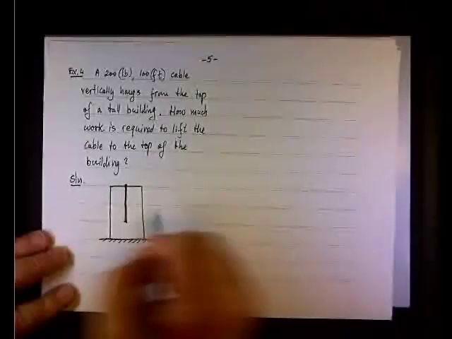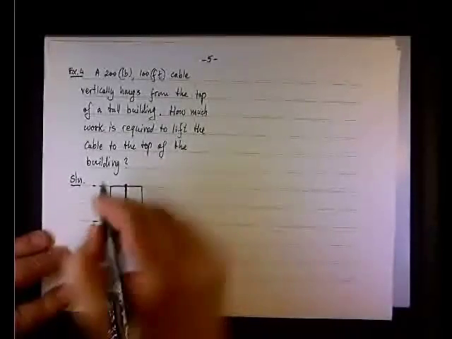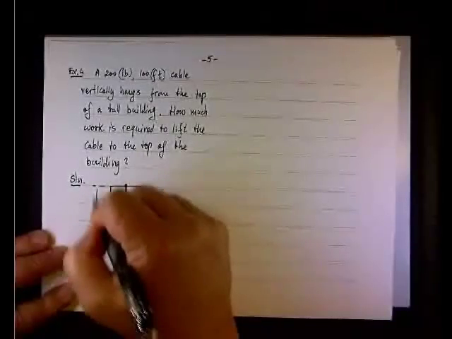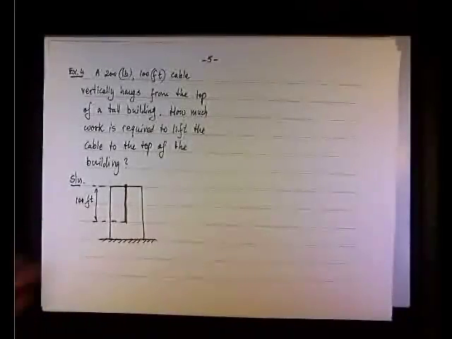Okay, so we don't know how tall the building is. We really don't care. You know that the cable is 100 feet long, like so. And we want to find out the work that is required to lift the whole cable to the top.